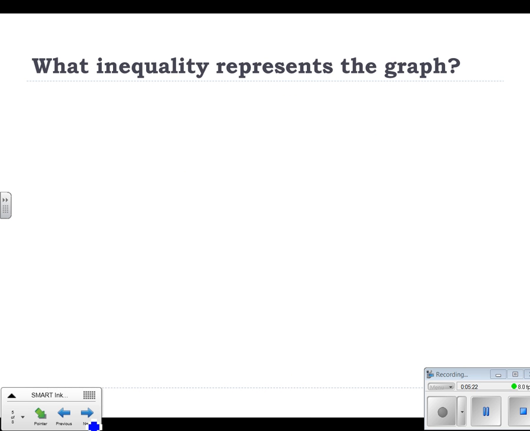What inequality represents the graph? So I'm going to graph an inequality. And if we look at that graph, we see that our solutions, and we can pick any variable, I'm going to pick x, is less than or equal to -2. It's a closed circle, so it can equal -2.